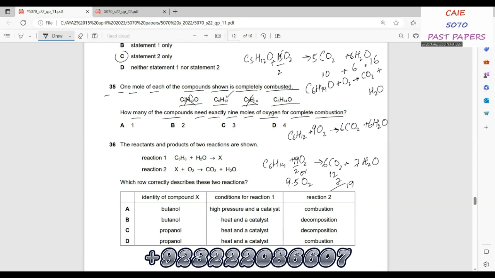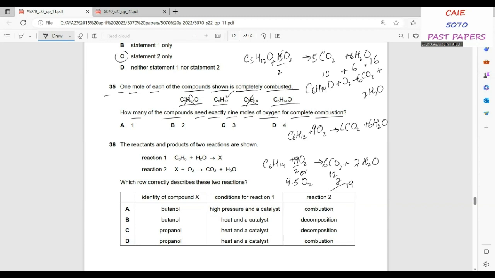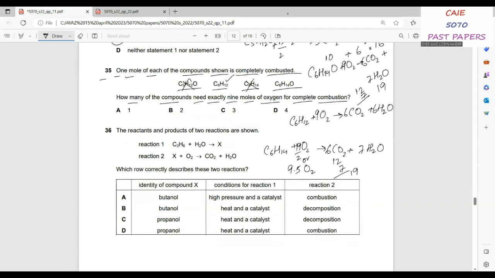The number of moles of carbon dioxide will be 6 and water will be 7 H2O. For the number of atoms on the product side, 6 multiplied by 2, 12, plus 7 gives 19. So in this we need 9 moles of O2 because O is already attached with C6H14. So this also needs 9 moles of oxygen. So answer B will be the right one for this question.